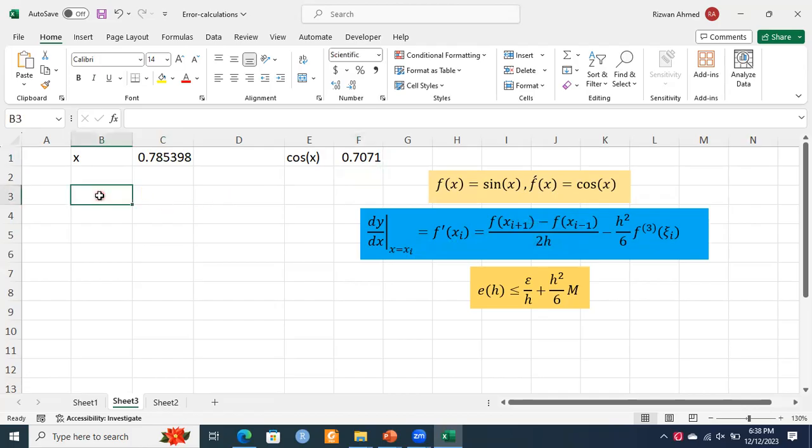So I will take several h values, so step size values, and this will be the numerical derivative, numerical df, and here I will compute error. So let's take several values.